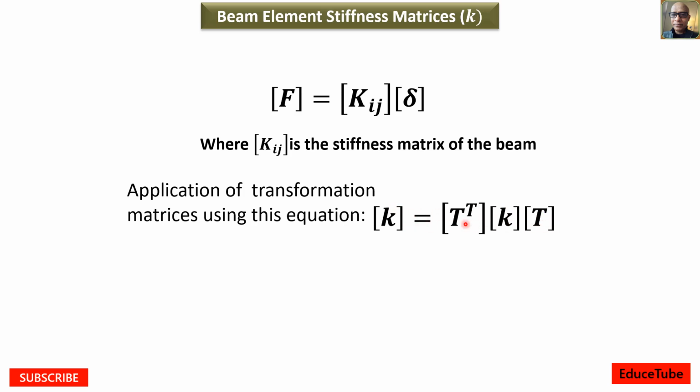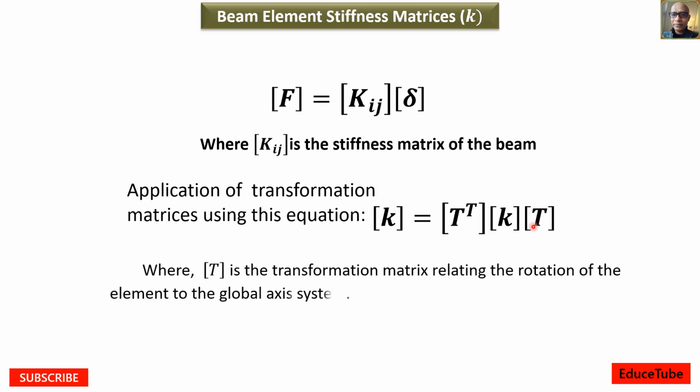If we want to convert our local coordinate system matrix, I mean the beam element stiffness matrix, to the global coordinate system, I mean the structural matrix, then we have to apply the transformation matrix. Using this equation we can do that. T transpose is the transpose of T.